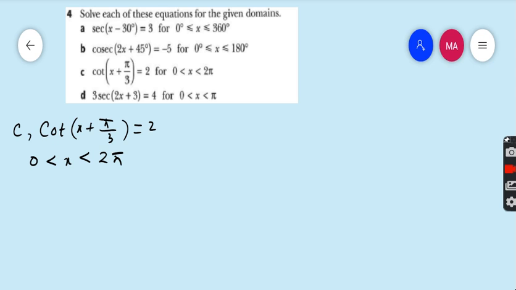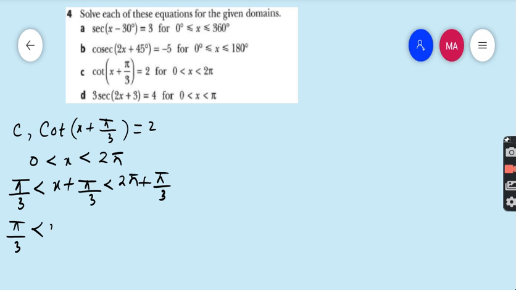So in order to make this domain x plus pi by 3, add pi by 3 in all parts. 0 plus pi by 3 is pi by 3, x plus pi by 3 is x plus pi by 3, and 2 pi plus pi by 3 is 7 pi by 3. So this is our domain.